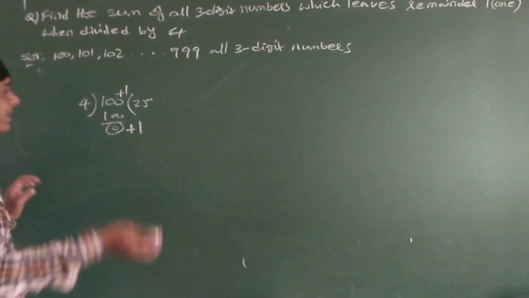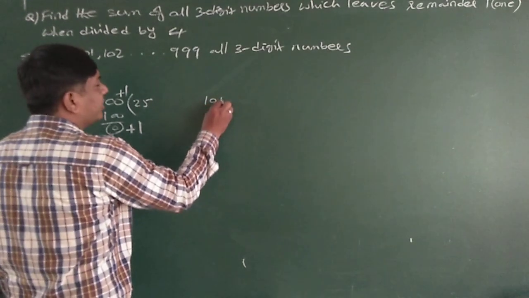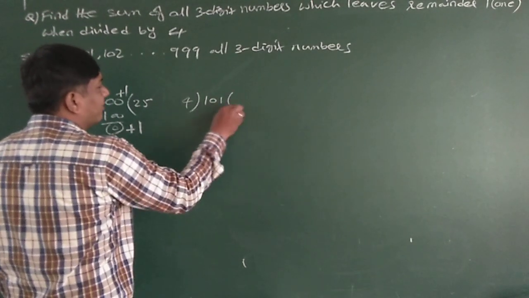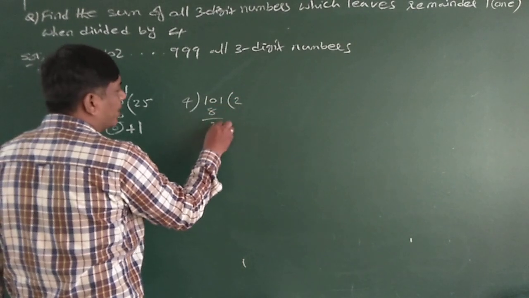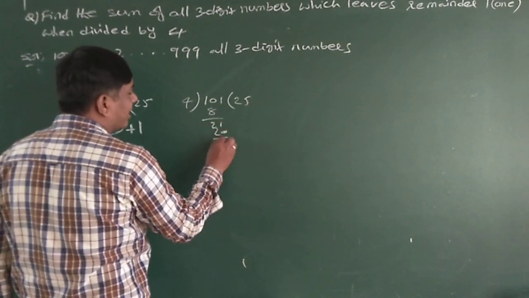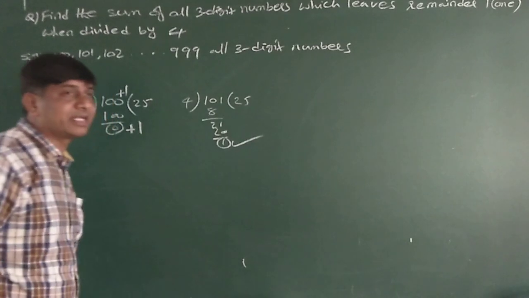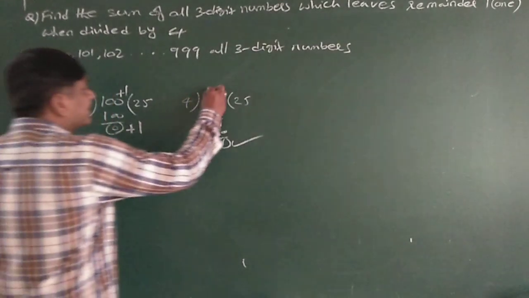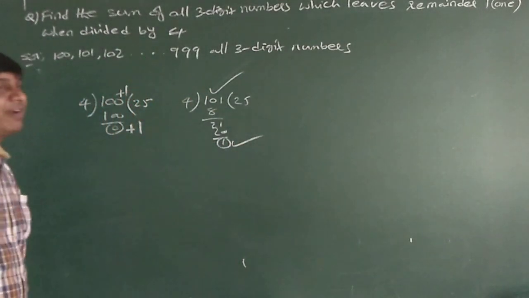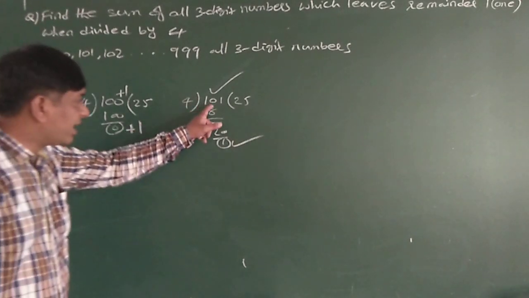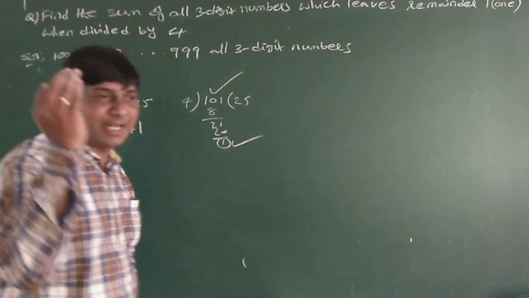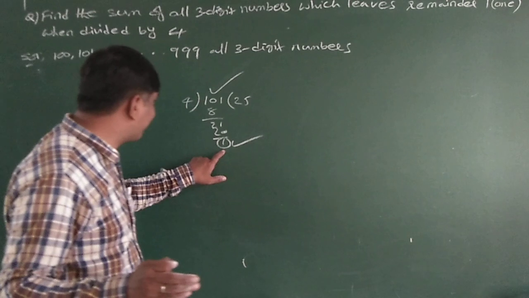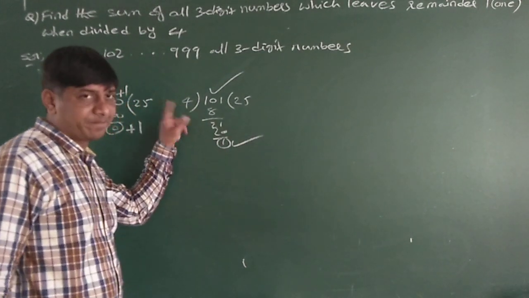Now check 101. 4 twos are 8, 4 fives are 20, remainder 1. Now I got remainder 1. What is the first 3-digit number with remainder 1 when divided by 4? 101 is the first 3-digit number which leaves remainder 1 when divided by 4.